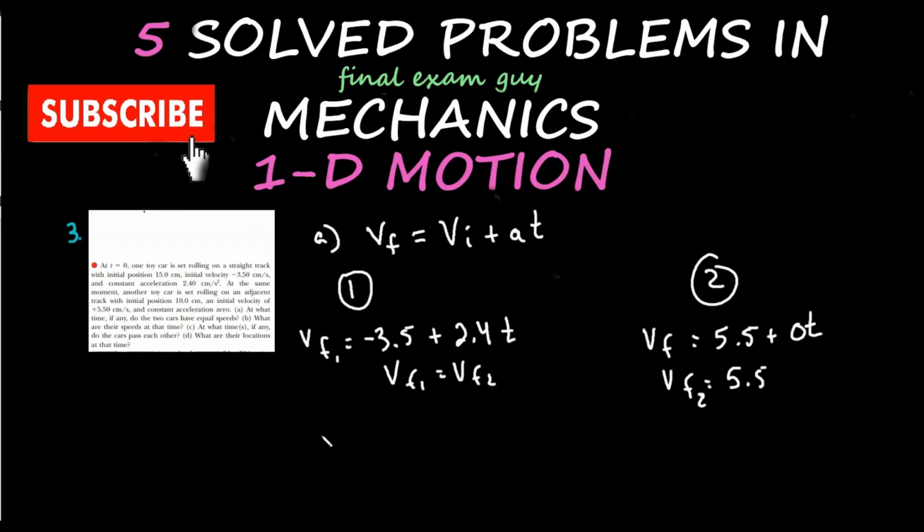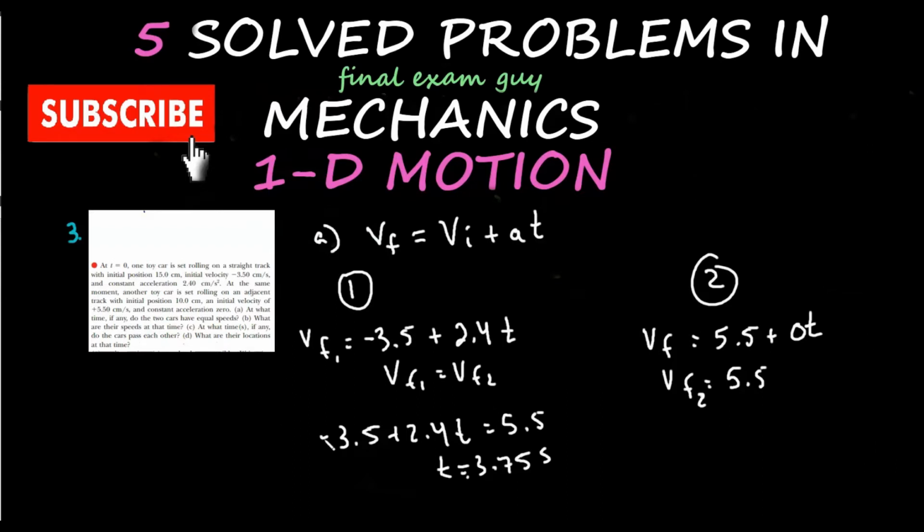So I'll set negative 3.5 plus 2.4 t equal to 5.5, and if we solve this we get 3.75 seconds. So the cars will have equal speeds at 3.75 seconds.